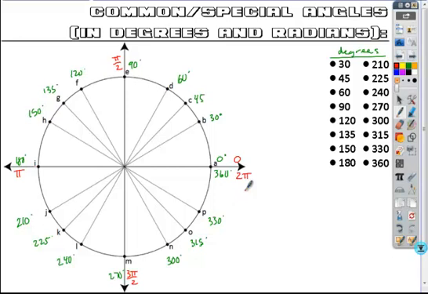If we continue to do that, what if we cut pi over 2 in half? What if we split 90 in half? We'd get to the 45. So what's half of pi over 2? Pi over 4.